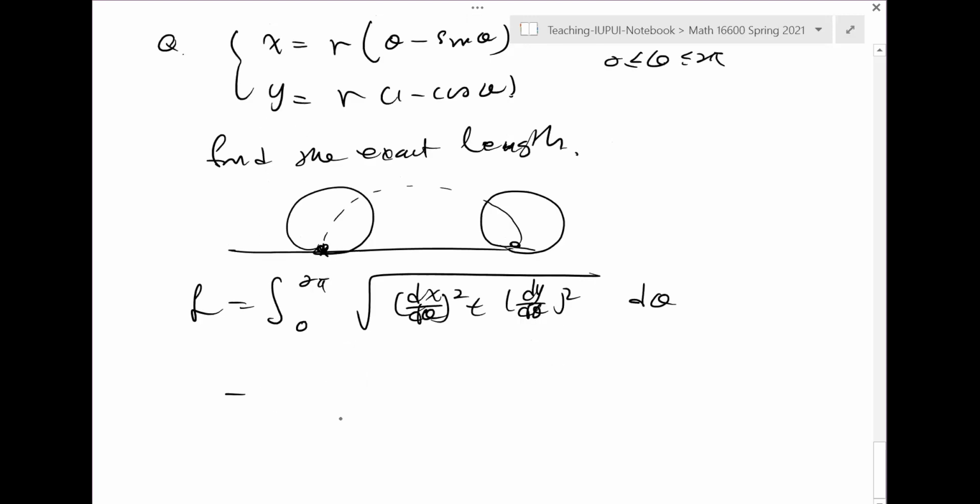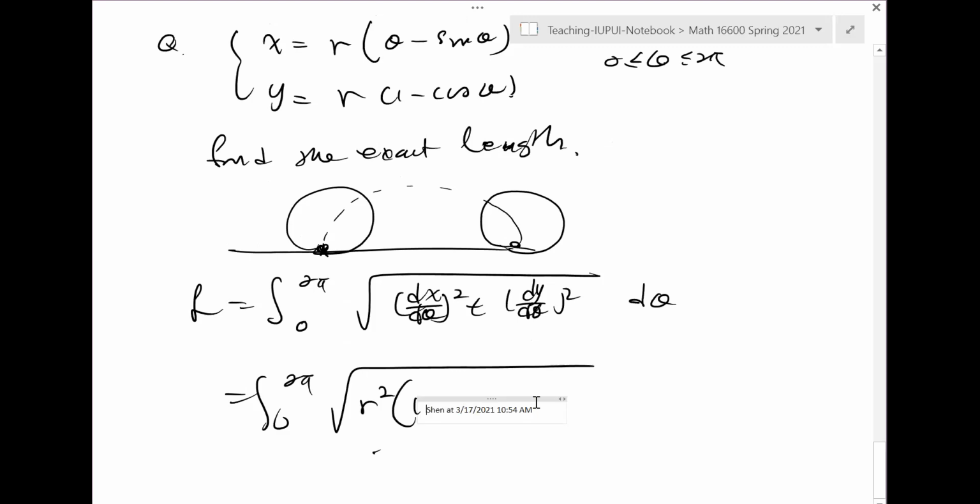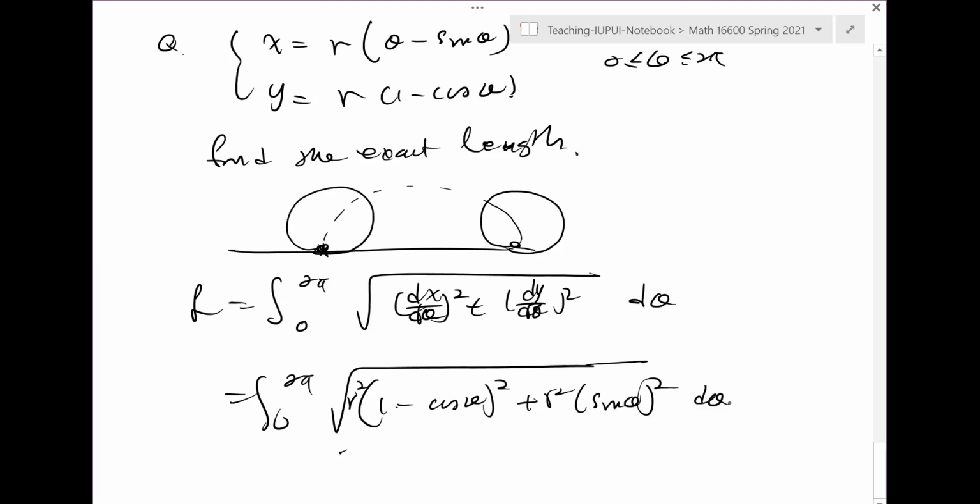The derivative of x with respect to theta is r times (1 minus cosine theta), and the derivative of y with respect to theta is r times sine theta, so it's r squared here.